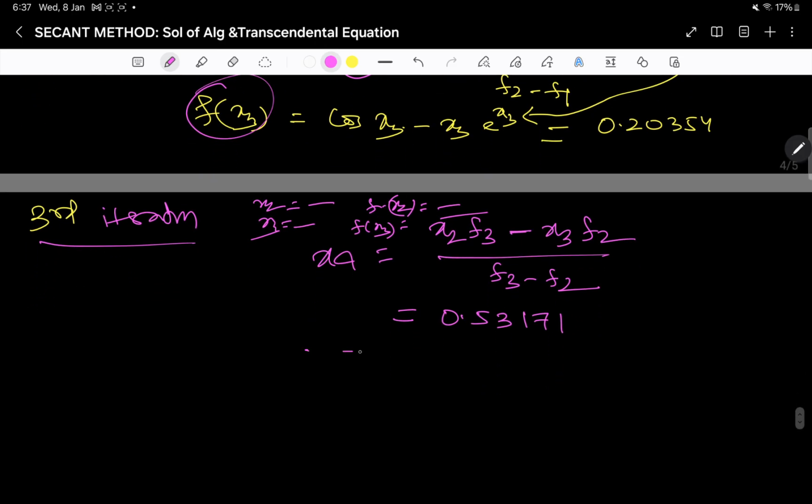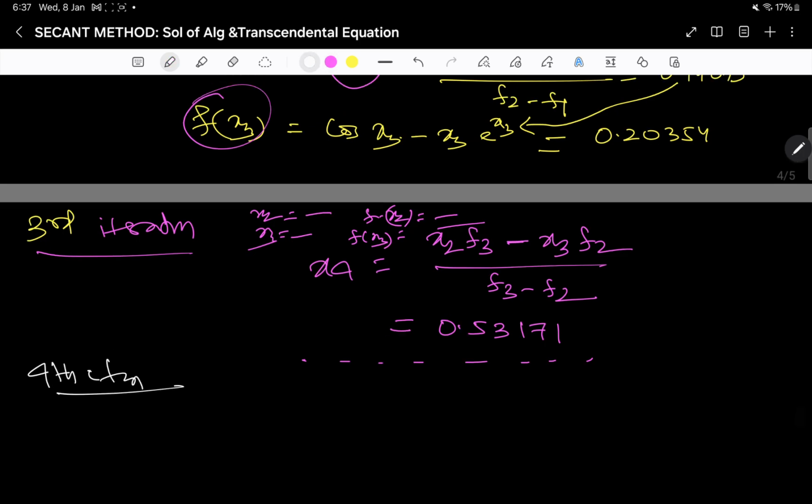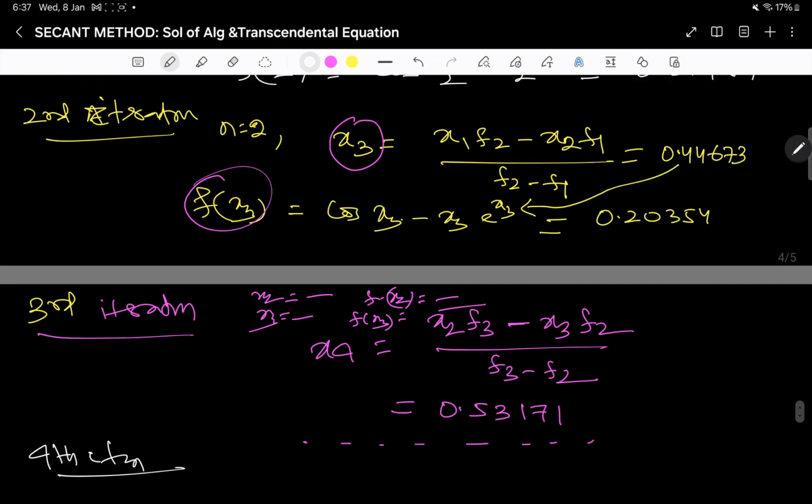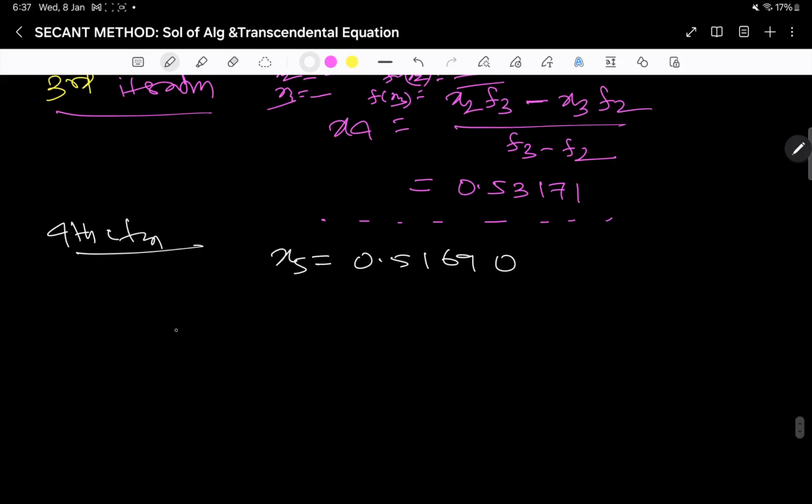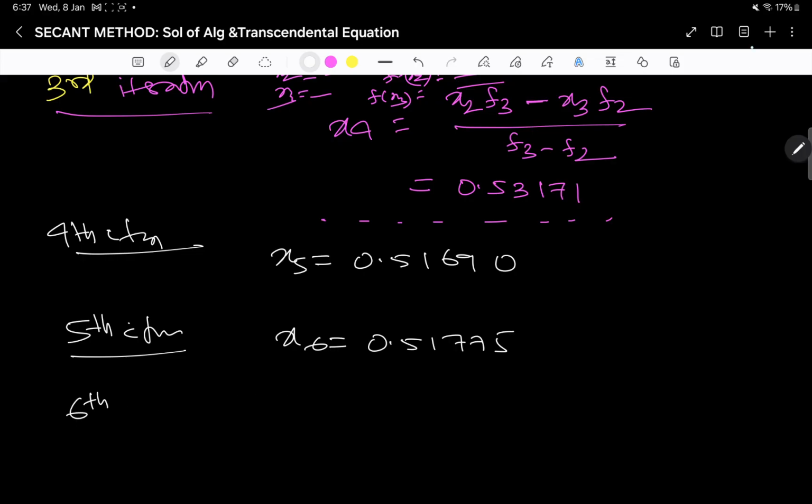If you continue this process, in the fourth iteration x5 will be 0.51690. Then in the fifth iteration x6 will be 0.51775.